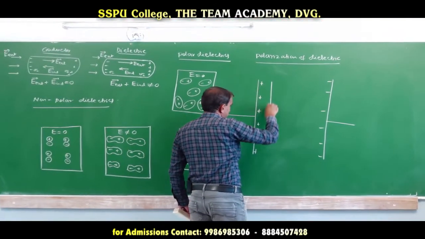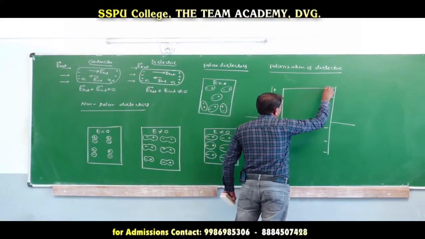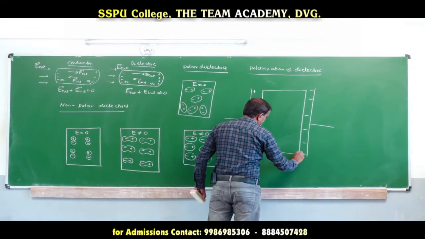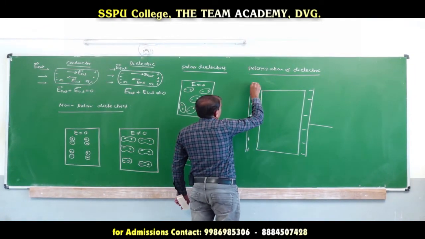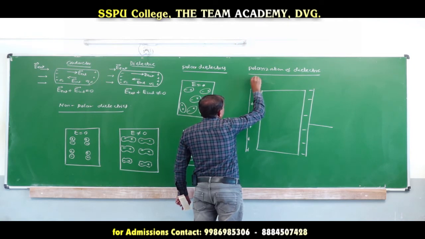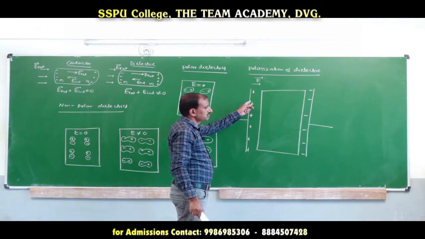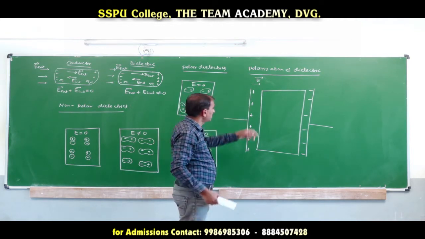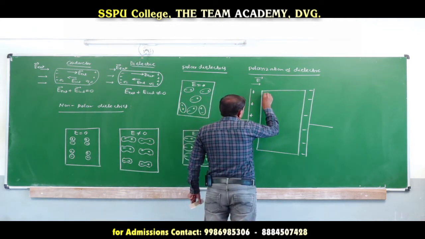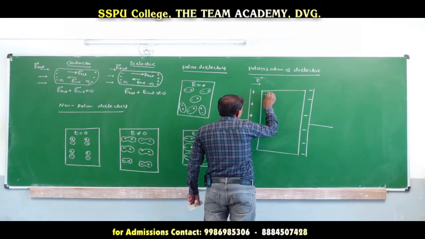This is the dielectric slab placed in an external electric field. Whether the dielectric slab is polar or non-polar, due to the presence of the external electric field, all the dipoles are arranged in the direction of the external electric field.